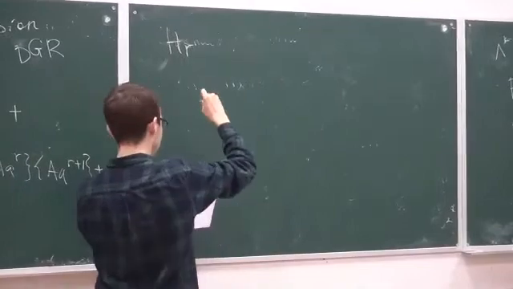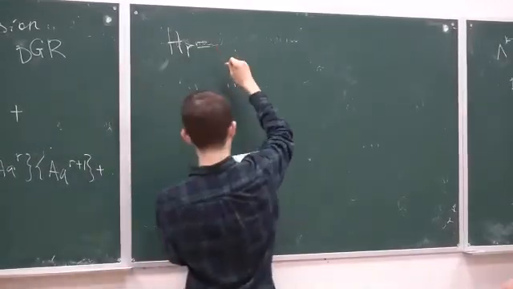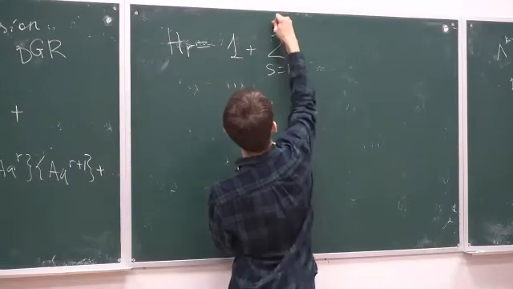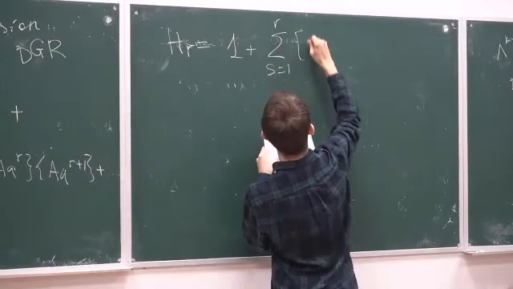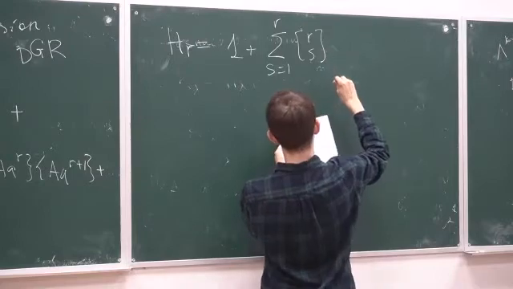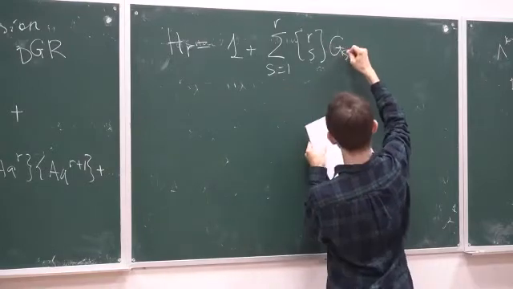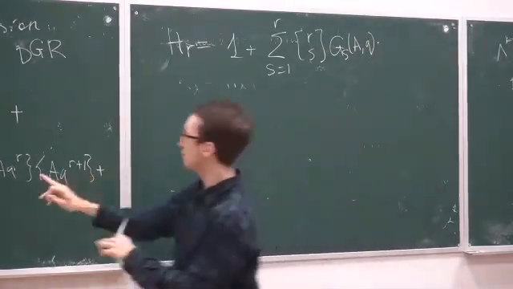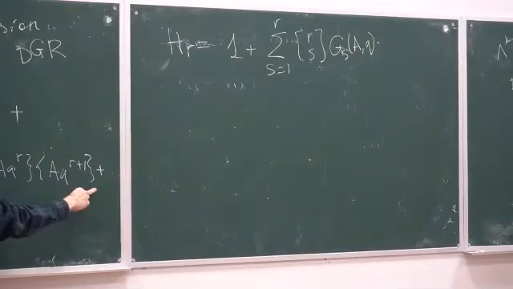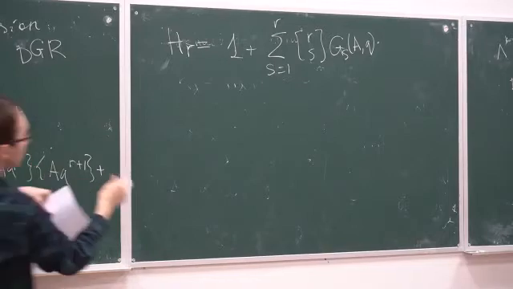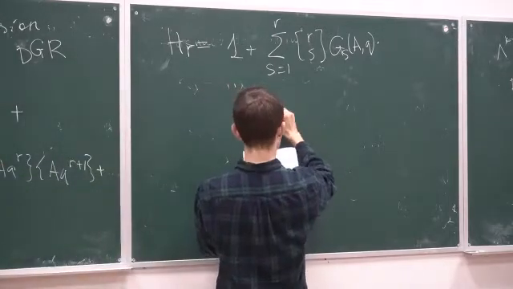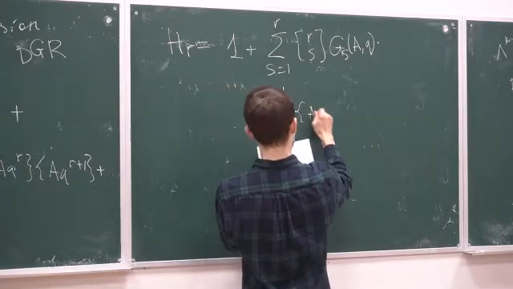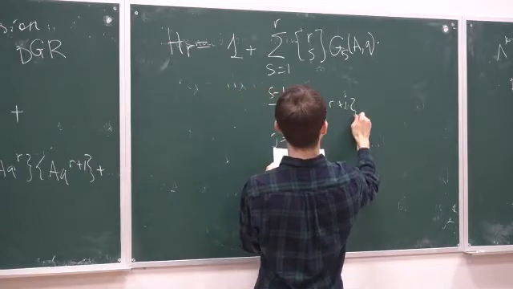For the general knot, H_r is equal to 1 plus the sum over s from 1 to r, also some sort of binomial expansion, r choose s, times some polynomials g_s, times the factor corresponding to the tower of the second factor, the product over j from 0 to s minus 1 of a q^(r+j).